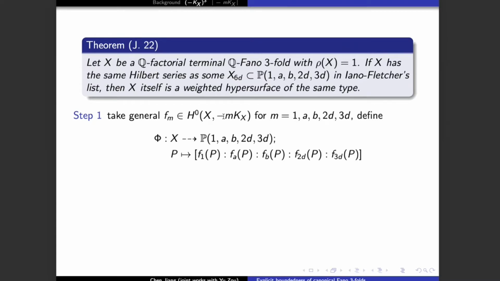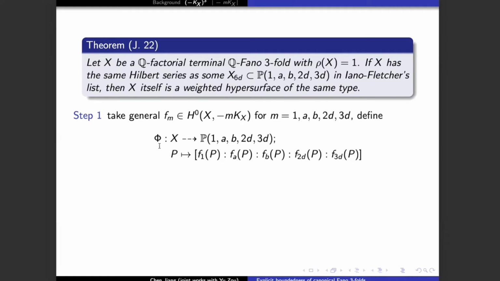But here, as the weights are different, what we get is a rational map from X to weighted projective space instead of just the usual projective space. So we get a rational map like this.